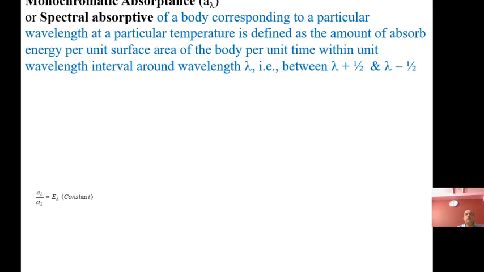So spectral absorptivity of the body, represented by A lambda, is called monochromatic absorptance. For a particular wavelength, for a particular temperature, the amount of energy absorbed per unit area, per unit time, and the wavelength ranges again lambda plus half to lambda minus half. The unit will be again the same, joule per second per meter square or watt per meter square.